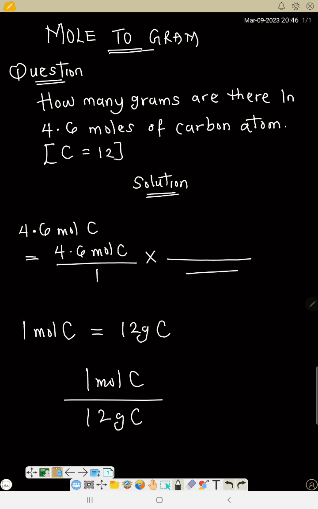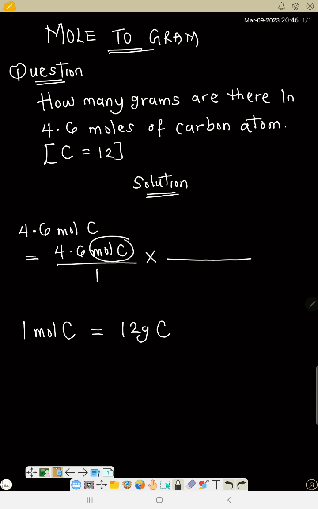To know which one you will write under or on top, look at your question. You have mole of carbon up, so you have to place mole of carbon down so that mole of carbon will cancel mole. Anyone you place under here, make sure it is the one that will cancel out the one you have here. Please take note.